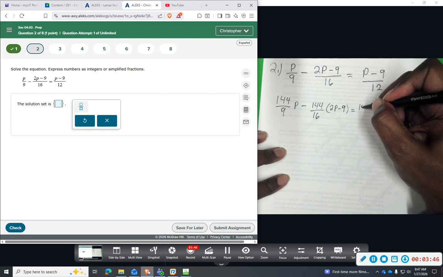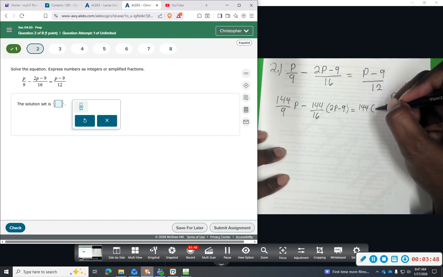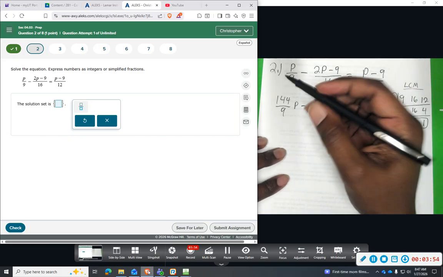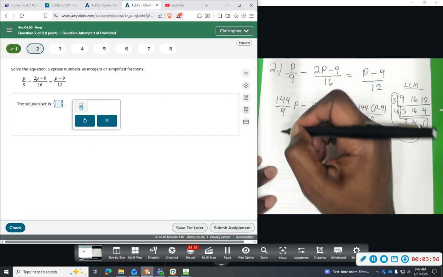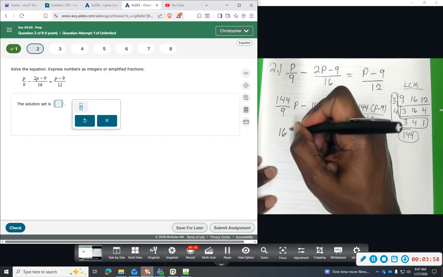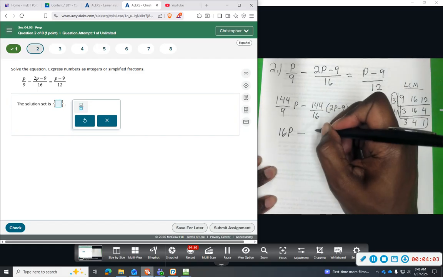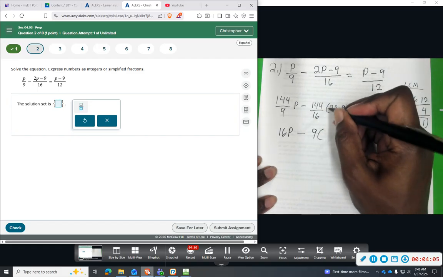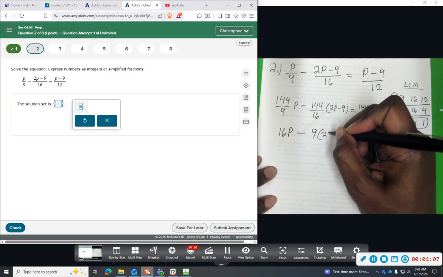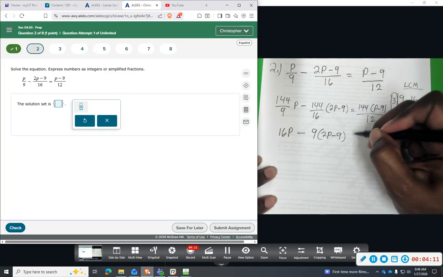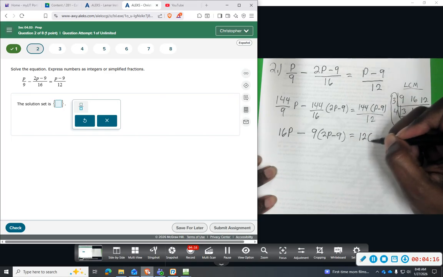And then over here, 144, and then p minus 9 is going to be divided by 12. 144 divided by 9 is going to give us 16p. 144 divided by 16 is going to give us 9, and that 9 is going to get distributed times the 2p minus 9. 144 divided by 12 is 12, and then we're going to distribute that times p minus 9.